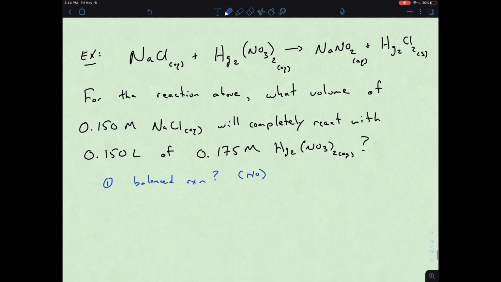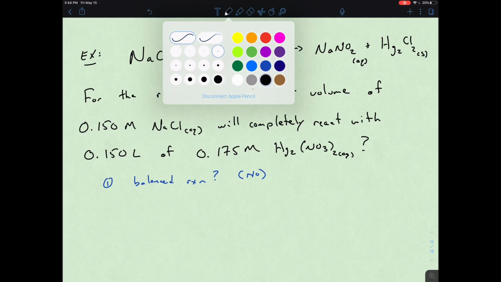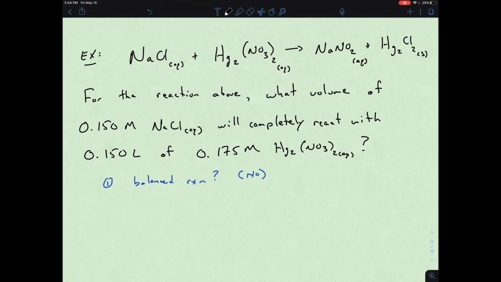So we need to relate our molecules above, and if we do that, we see that this should be not NaNO2, I apologize, that should be NaNO3. We see a problem with the nitrates, or the NO3s.